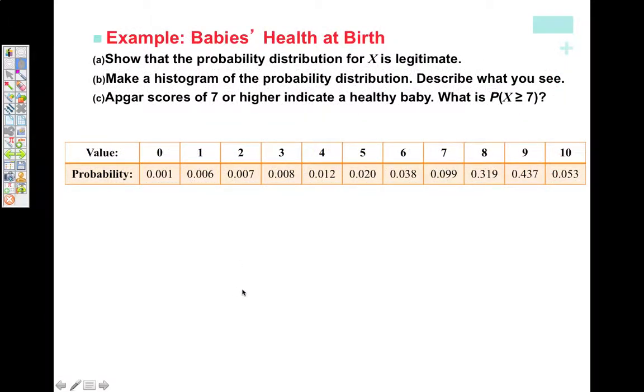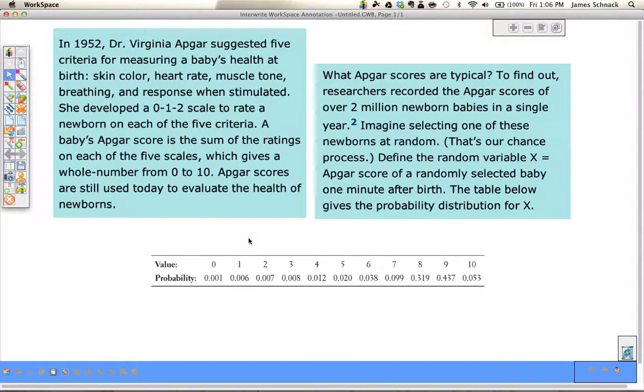And let's get into some examples. So this problem, baby's health at birth, let's read where these numbers are coming from. Here we go. In 1952, take a minute, read this. It talks about what these Apgar numbers are, these Apgar values.